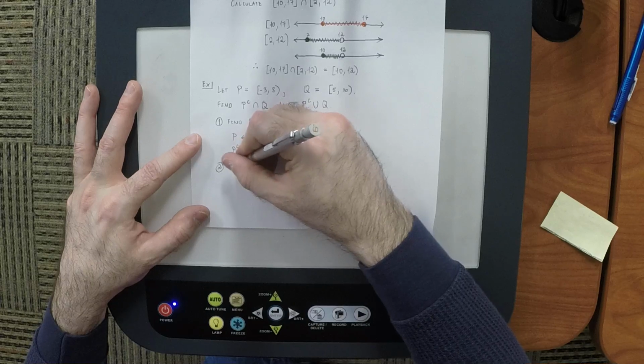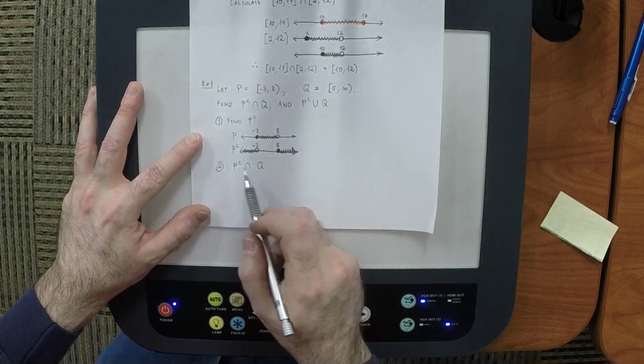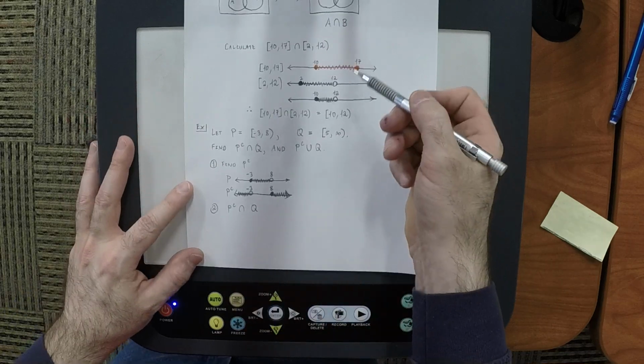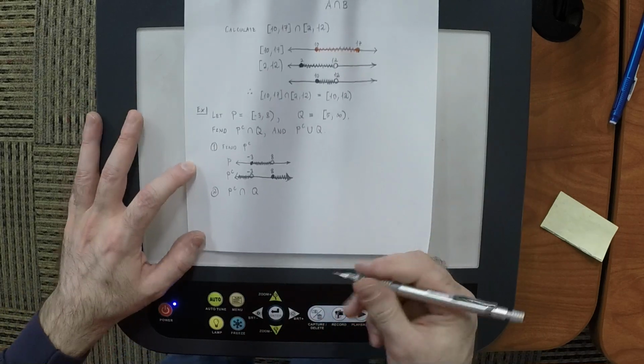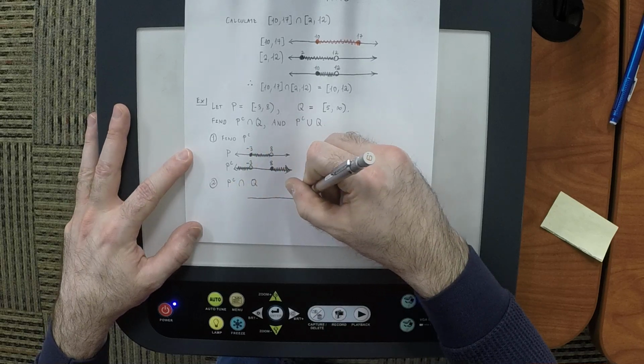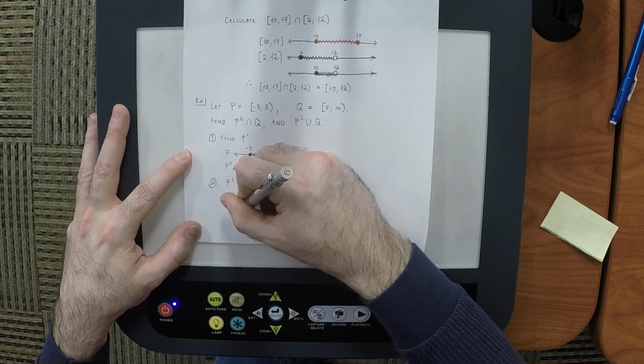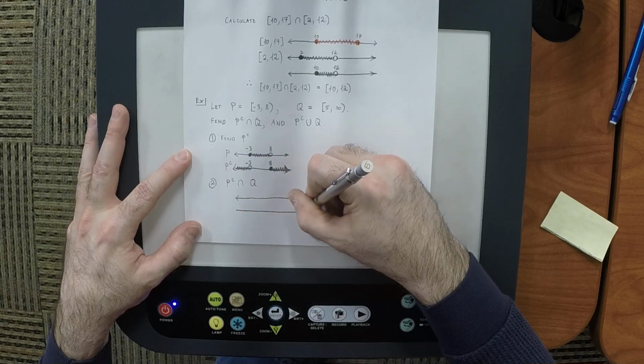Then for P complement intersect Q, so again, this is just like we did one right there. So 3 axes. One for the first set, one for the second set, one for the result.